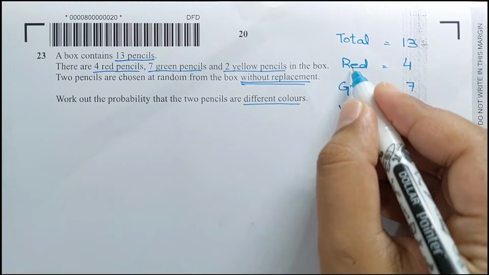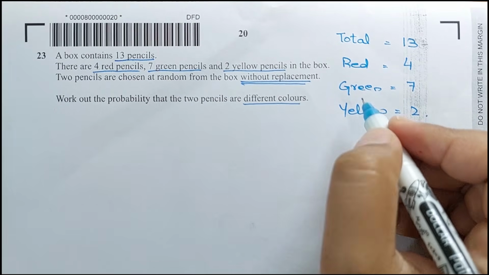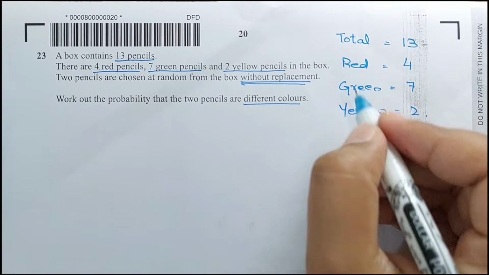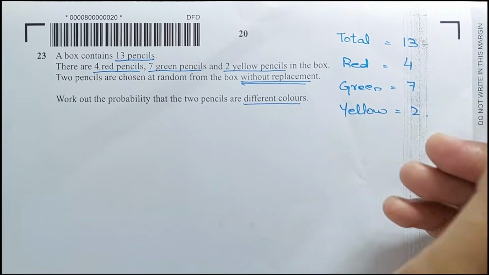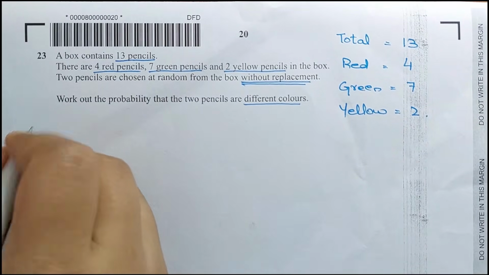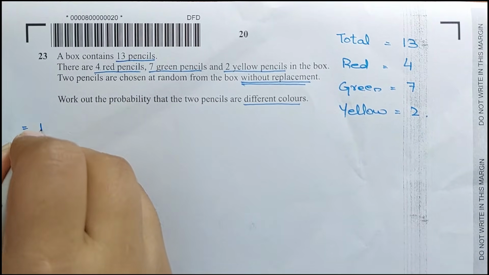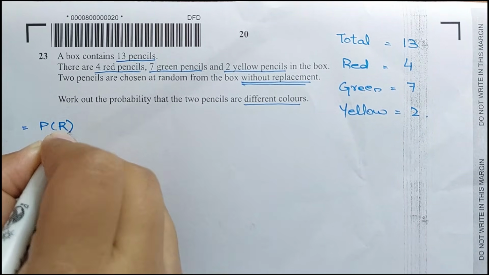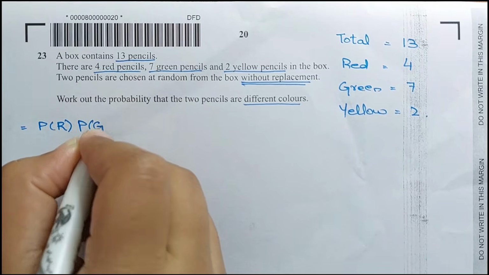They can be red green or red yellow. They can be green red or green yellow. They can be yellow red or yellow green. Right? Okay, so different colors means the probability of red or the probability of green.